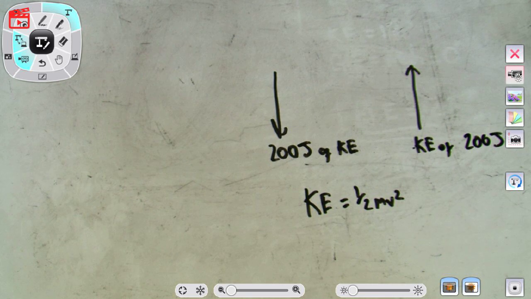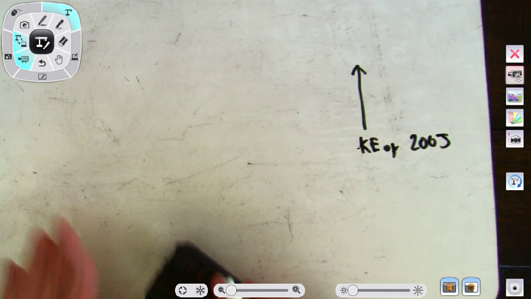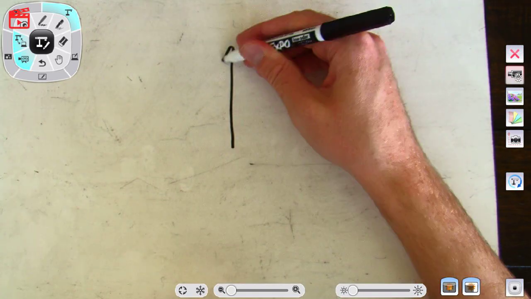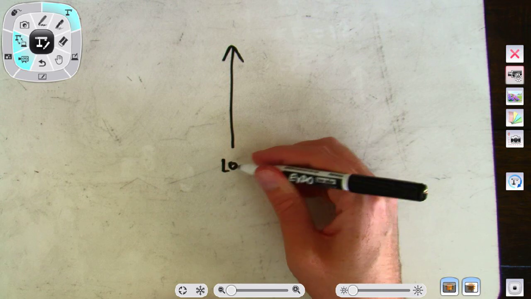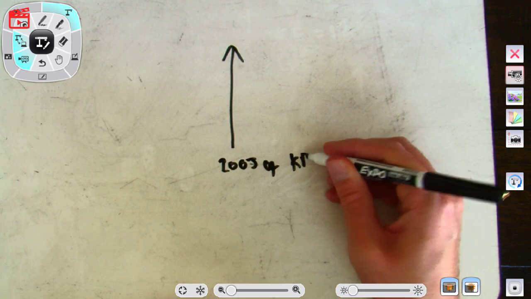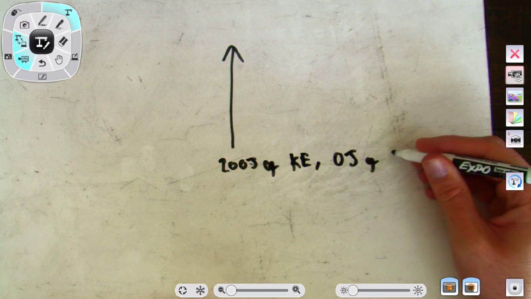Okay, move this over. I'm going to get rid of this first scenario. Let's put this central. So we throw this object up with 200 joules of KE, and at the bottom it has 0 joules of GPE.